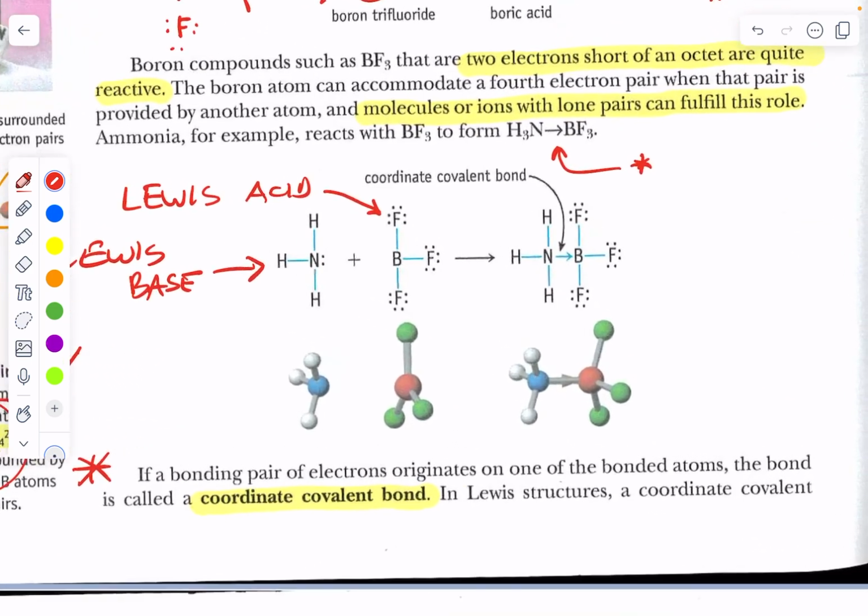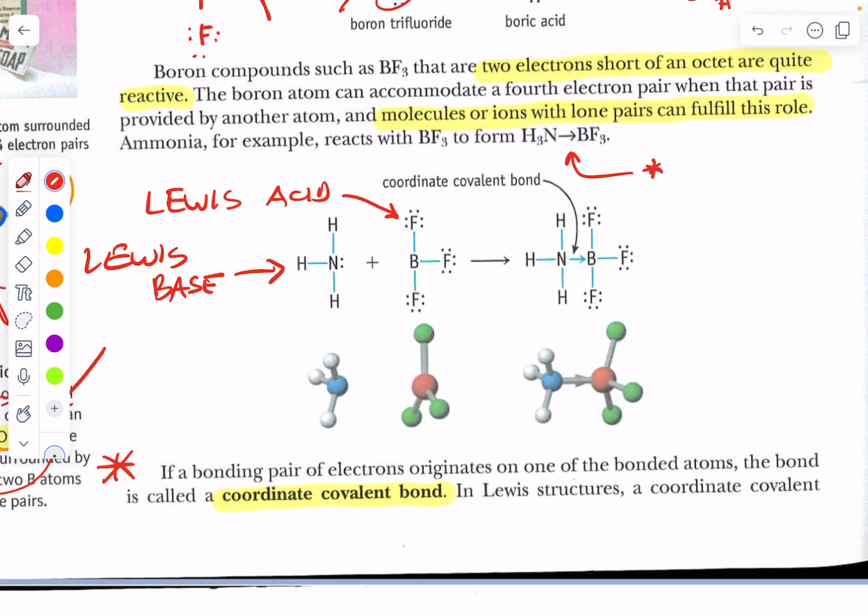Now, coming to the bottom of the page, you should notice that this structure here is ammonia, NH3, which, by the way, should not be confused with ammonium, which is a polyatomic ion. Students sometimes confuse those. Ammonia is NH3, and you'll notice that it has a lone pair of electrons that's not involved in bonding.